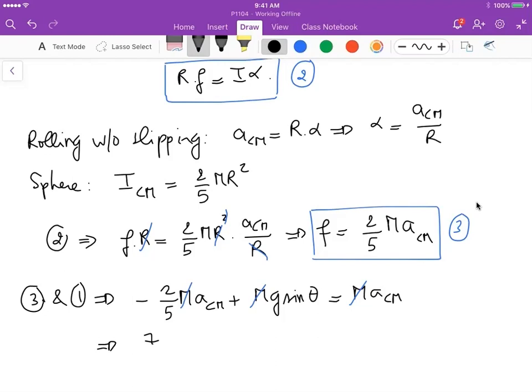So we end up with 7/5 a center of mass is equal to g sin theta.